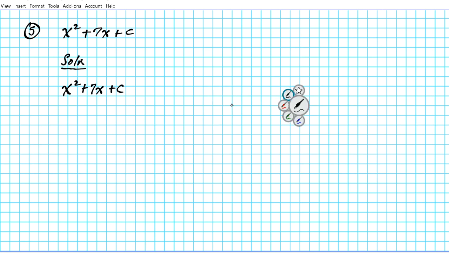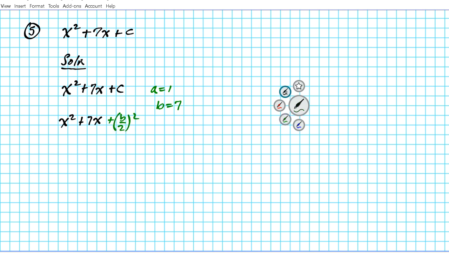Our a is 1 and b is 7. To complete the square, we have x squared plus 7x, and then we're going to add b over 2 squared. That's what completes the square.